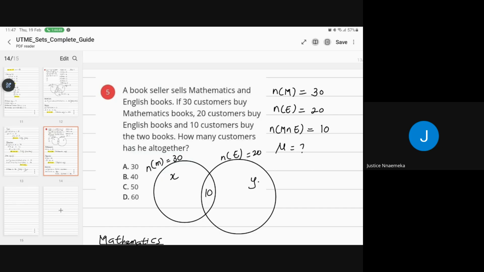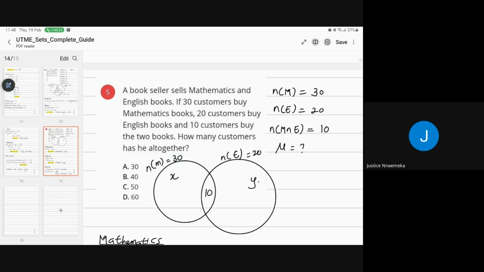The other ones that have to do with n squared plus 1, integer, all those are normal set questions. In a survey of 50 newspaper readers, 40 read Champion, 30 read Guardian. How many read both papers? This one says in a survey of 50 newspaper readers, there are 50 of them, 40 read Champion, 30 read Guardian.